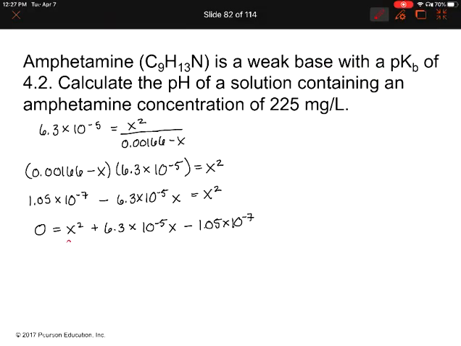So our value of a in the quadratic formula is 1, b is 6.3 times 10 to the negative 5th, and c is negative 1.05 times 10 to the negative 7th.